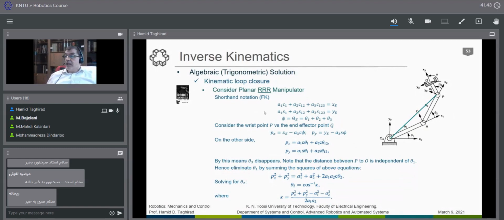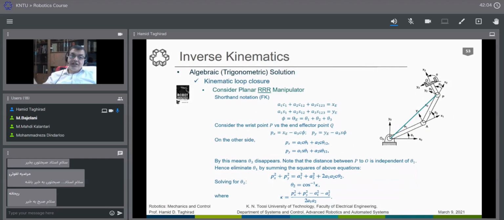Again, I give some physical intuition. Here it is important. If you look into the robot, you can see that the radius here, or the length of this point, doesn't matter what theta is.